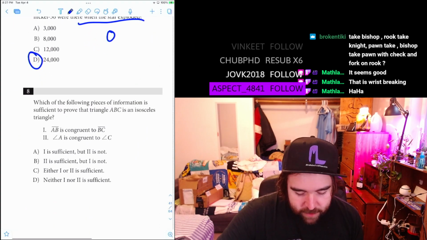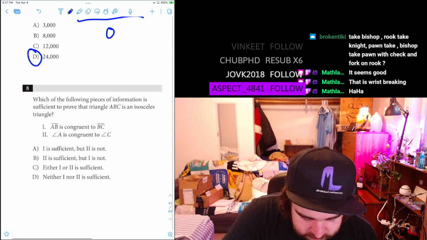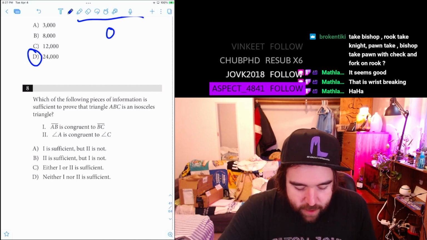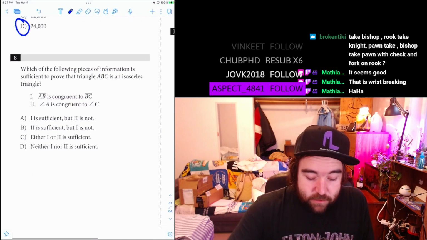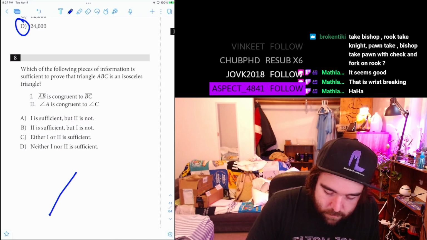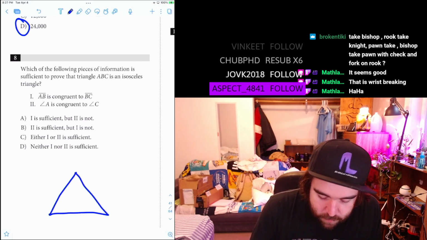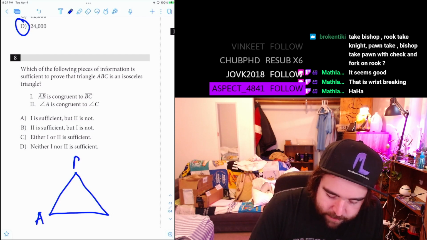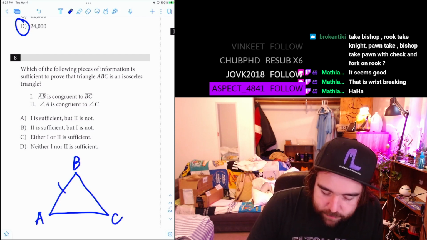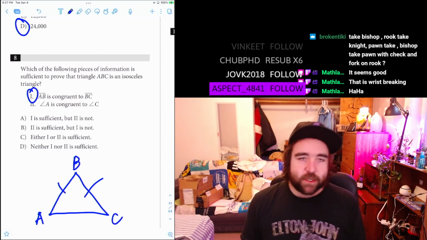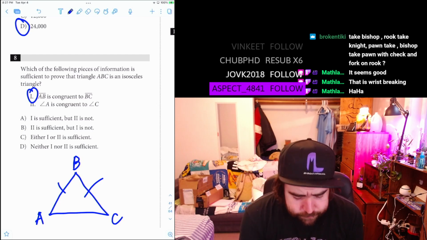Ooh, I don't like these questions. Which of the following pieces of information is sufficient to prove the triangle ABC is isosceles? So which condition by itself? Well, yeah, I mean, ABC. So if this is equal to this, that by definition makes it isosceles.